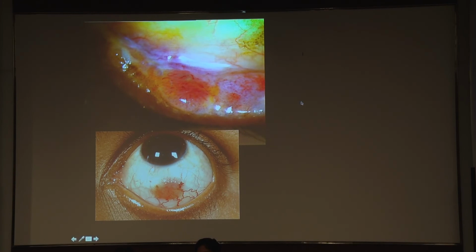Now coming to a lesion like this, which could be on the bulbar conjunctiva, and we talked about location. This is not the same patient, but there was one on the eyelid, in a young adult. They don't grow within a few days, but they have this flower-like or papilliform appearance, all bunching together, and they may have a few feeder vessels.